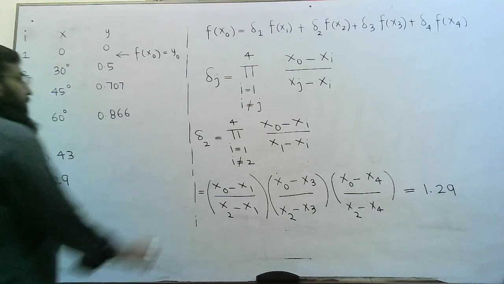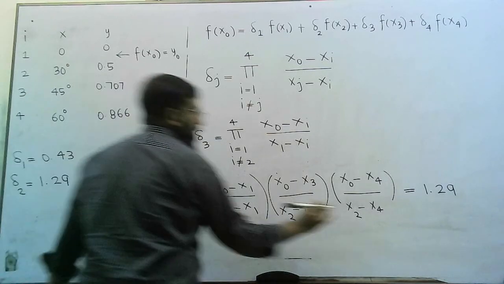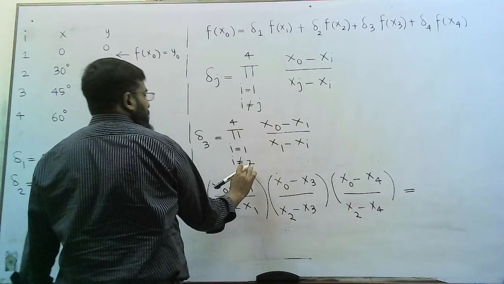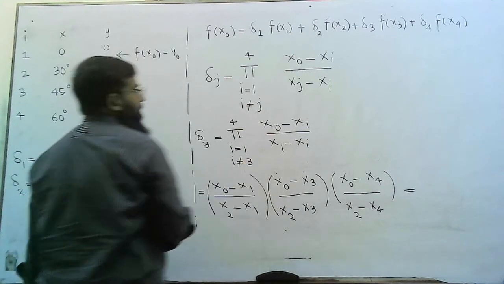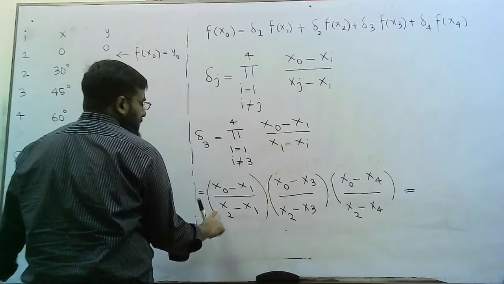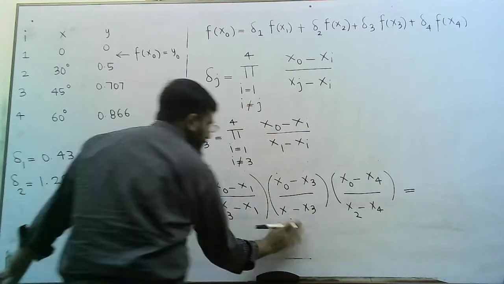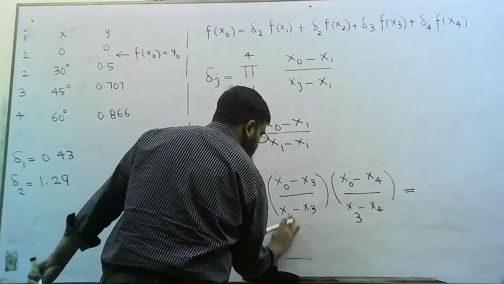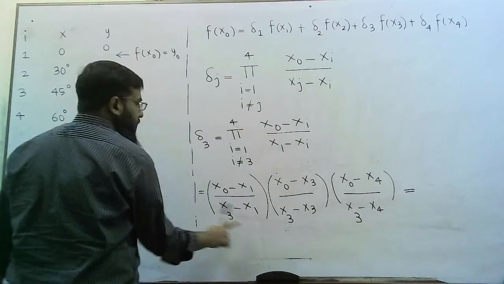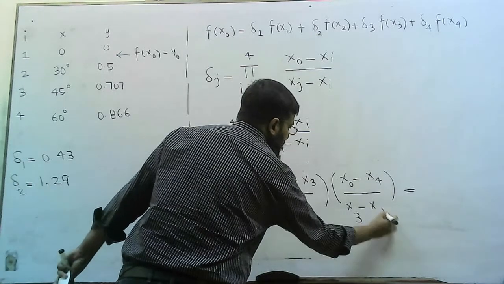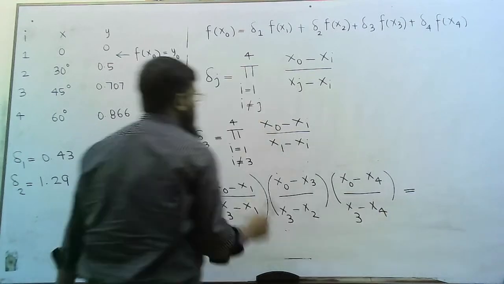Now let's compute del 3. Del 3 is from 1 to 4, but this time we'll skip 3. So that would be x0 minus x1 over x3 minus x1, x3 minus x2, and x3 minus x4, because j is 3 here, and we skip the term for 3.